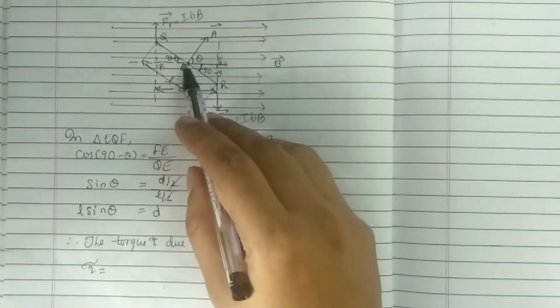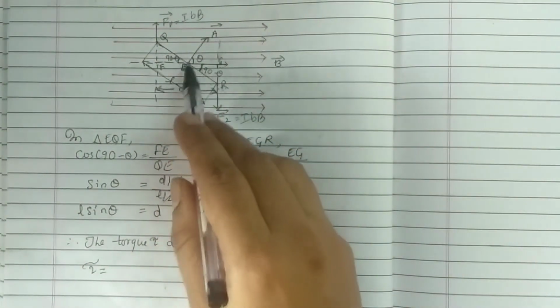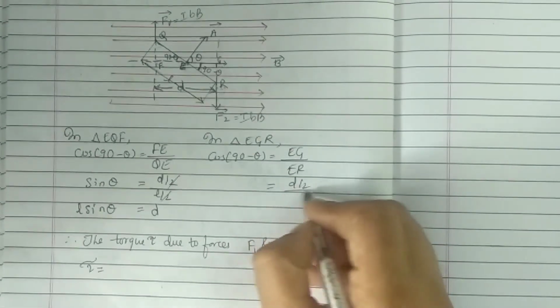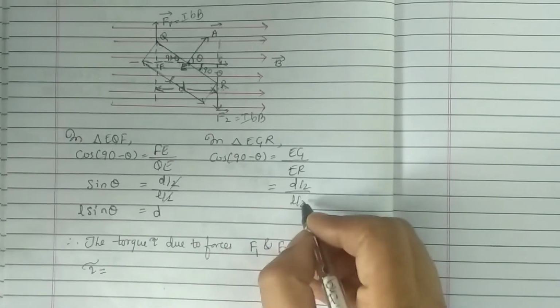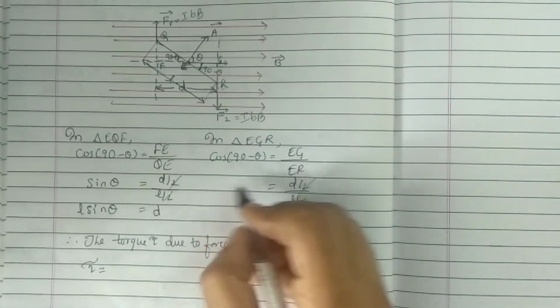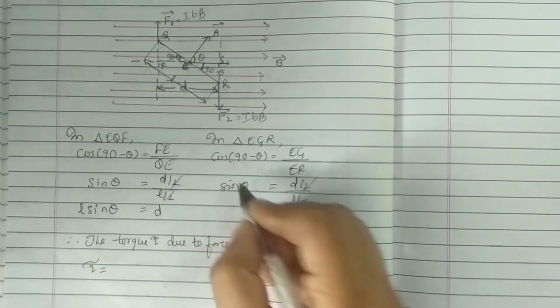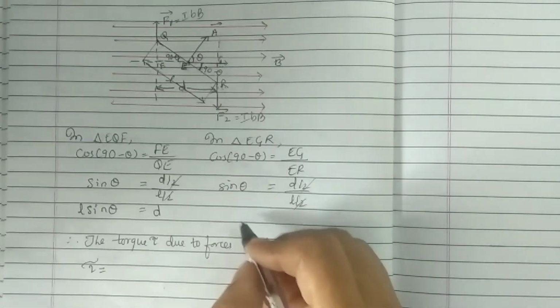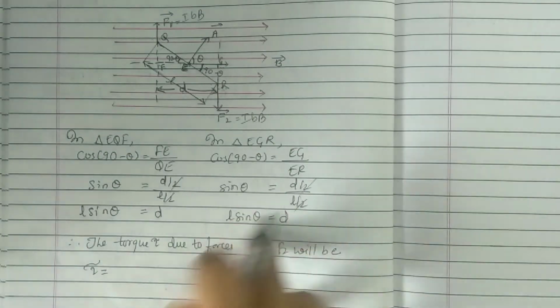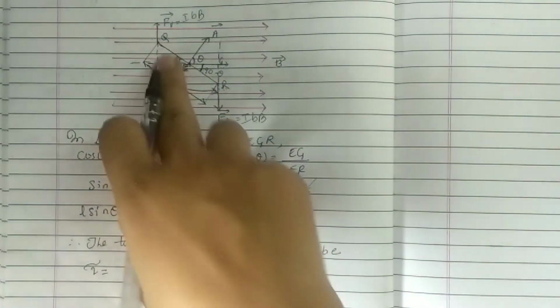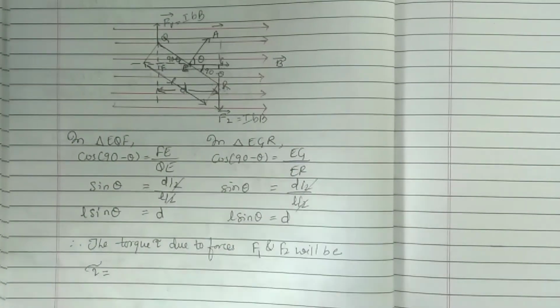EG is half of this distance, so it is D by 2 once again. And ER is half of QR, that is L by 2. So the 2 gets cancelled and cos of 90 minus theta is sin theta. Therefore it once again became D equals L sin theta. This means the perpendicular distance between the forces in both cases is L sin theta.